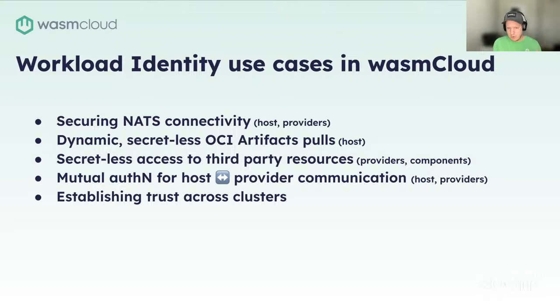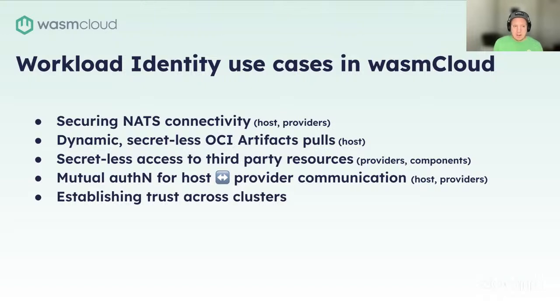So when you're deploying a component or a provider, it'd be fantastic if the host didn't actually have to have a hard-coded set of credentials stored for those pulls, but instead it could present the workload ID that it has been issued as a way to authenticate with the OCI artifact registry.